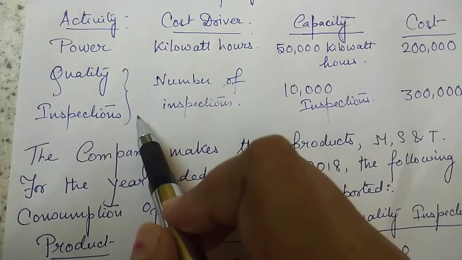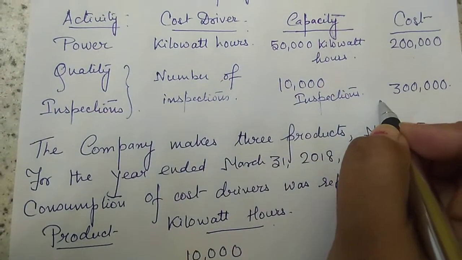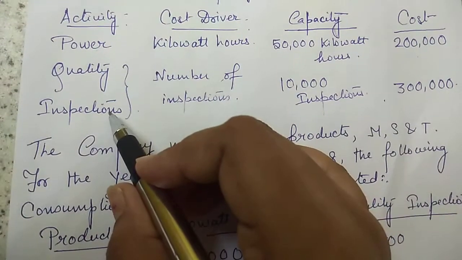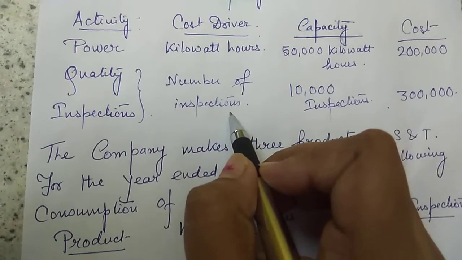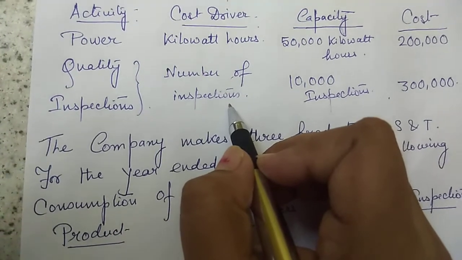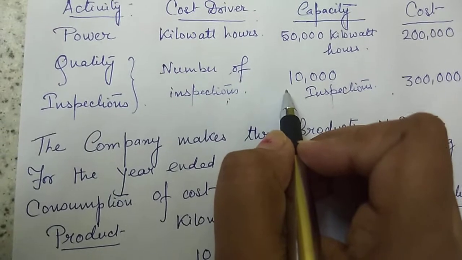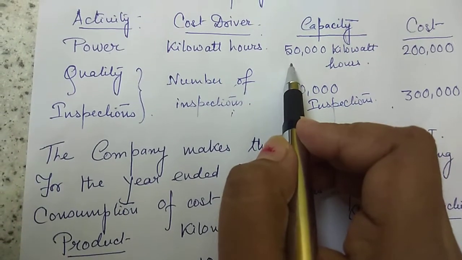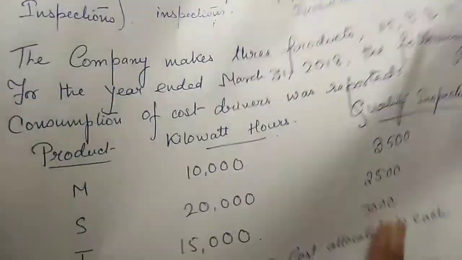Quality inspection is the next activity. Why are we incurring this cost of rupees 3 lakh for quality inspection? Because we are doing inspections. So number of inspections is my cost driver. How many inspections are there? 10,000 inspections. And you have consumed 50,000 kilowatt hours.